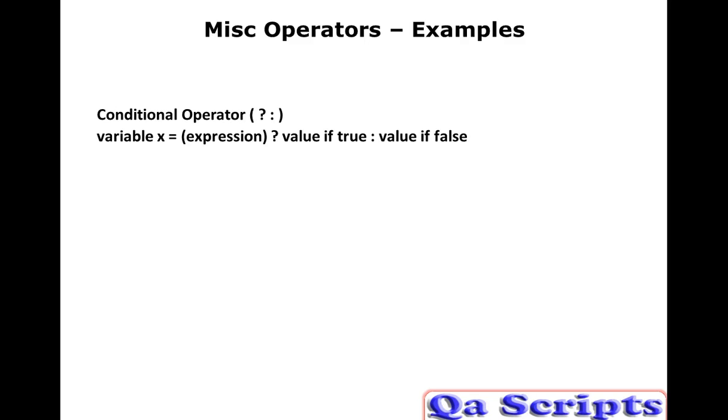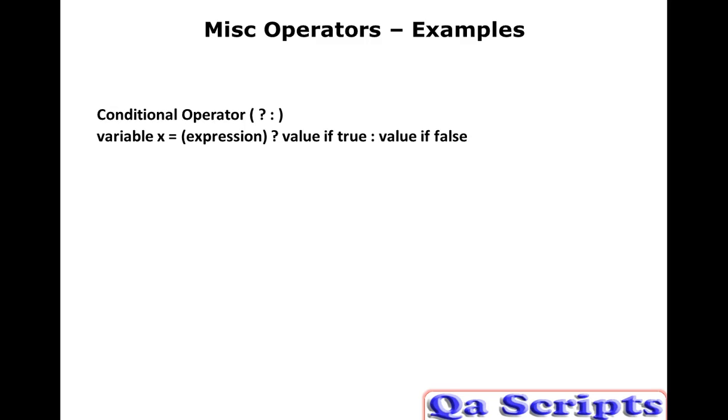Based upon the value of the expression at the left of the question mark, it is going to execute. If the expression is true, then there will be a value at the right side of the question mark, separated by a colon. After the colon there will be another value.